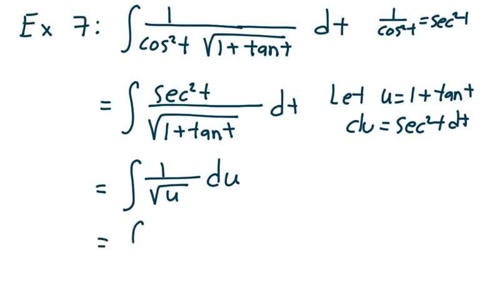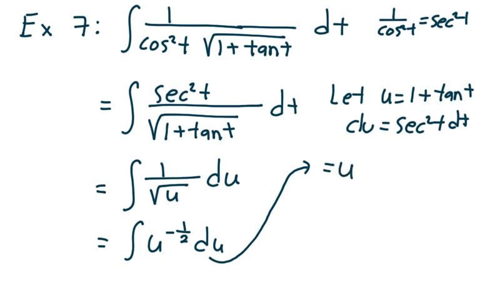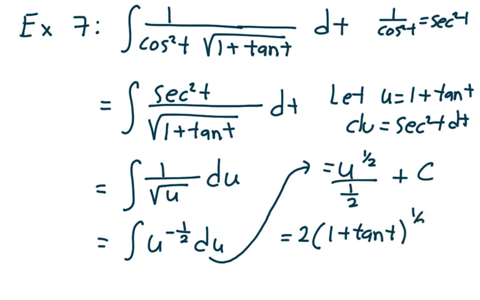And so I could write this as the integral of u to the negative 1/2 du. So this is u to the negative 1/2 plus 1, which is 1/2, divided by 1/2, plus c. But I have to put back u. And so this is 2 times 1 plus tangent t to the 1/2 power plus c.